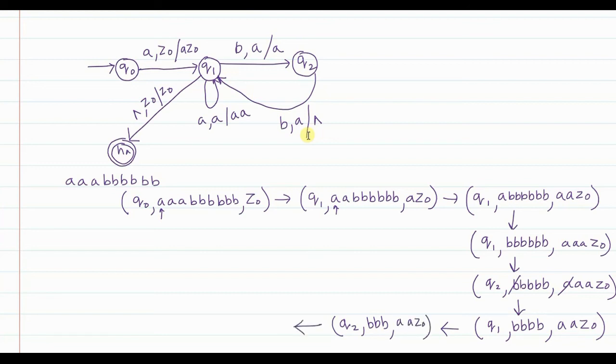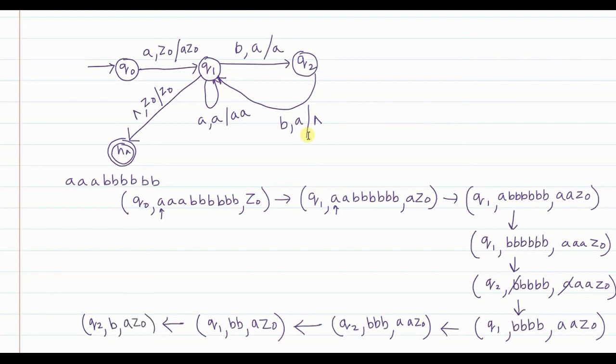Further, in Q2 state, when the second B in the pair is encountered, you will come back to Q1 state. What will remain is just 2 B's, and since an A has been cancelled, what remains on the stack is AZ0. Again in Q1 state, when the first B is encountered, you just ignore that first B, going to Q2 state, and after ignoring that B, only 1 B remains to be read.